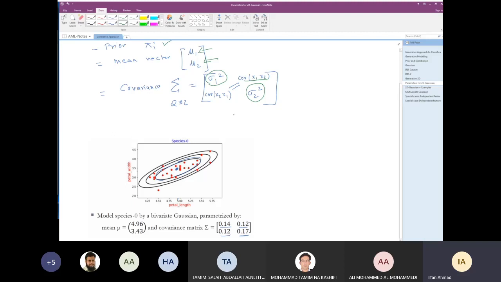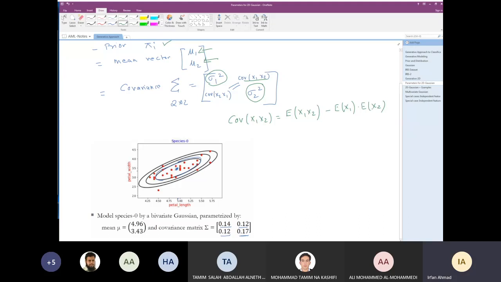The covariance of x1, x2 is nothing but the expectation of x1 x2 minus the expectation of x1 times the expectation of x2. So you find the expectation of x1 x2, and you subtract from it the expectation of x1 times the expectation of x2.